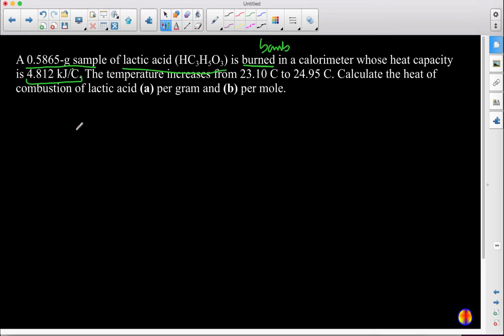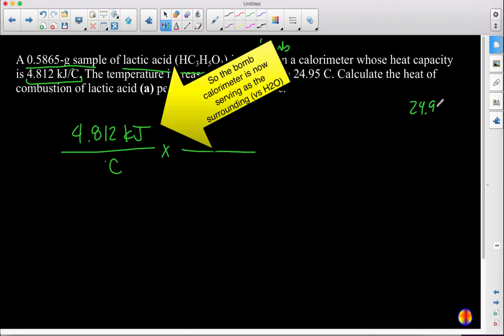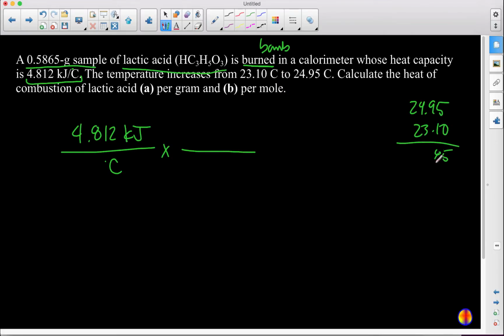So if we know that this calorimeter requires this much energy to change 1 degree Celsius, we also happen to know that over here, 24.95 and 23.10, we had a temperature change of 1.85 degrees. Uh-oh. What can we calculate here?